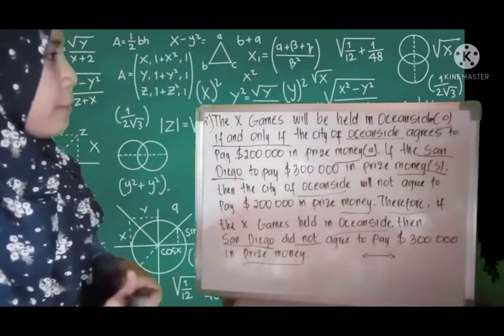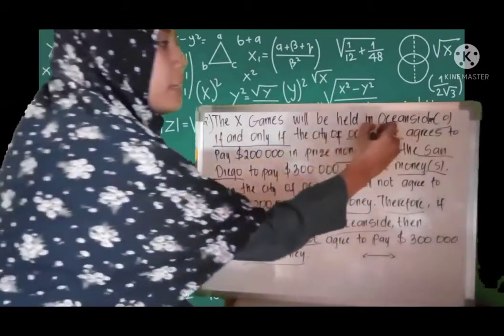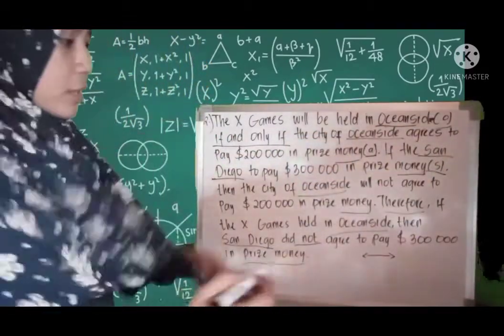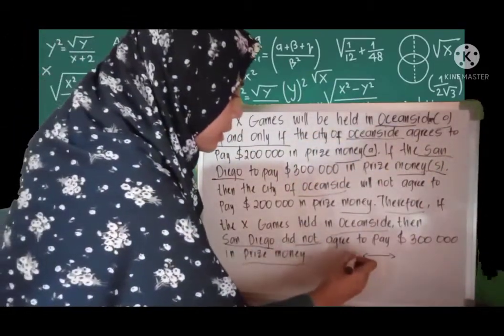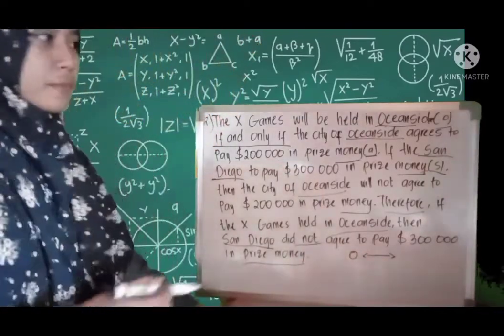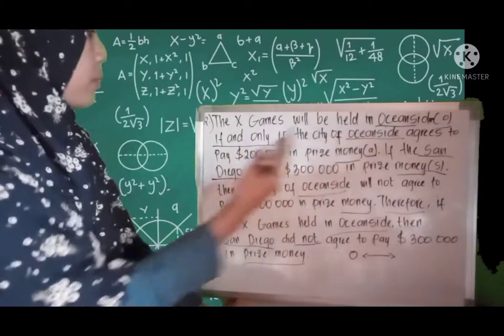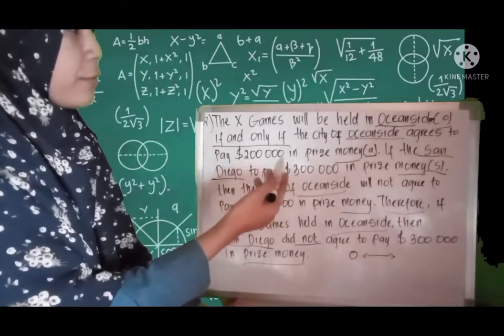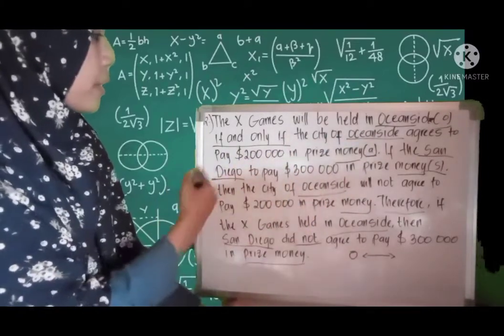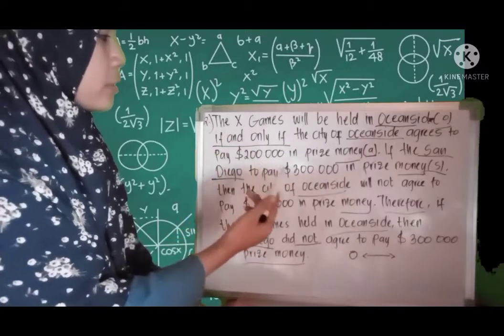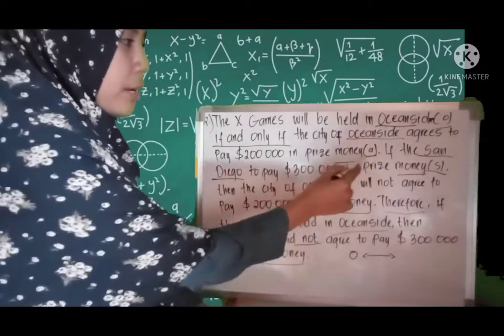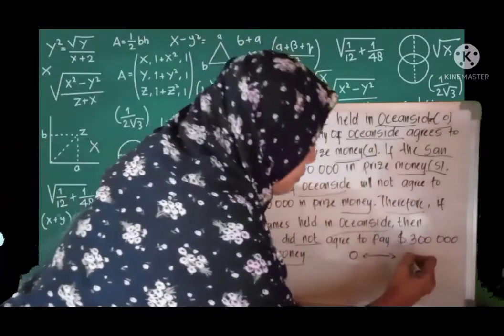So, if and only if, Oceanside represent letter O. So, write P, Oceanside, dito banda. The X game will be held in the Oceanside O if and only if the city of Oceanside agrees to pay 200,000 in a prize money. So, money represent as letter A.